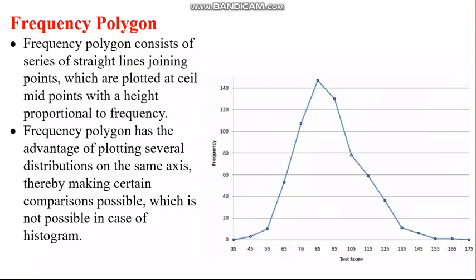Okay, then next, the frequency polygon. This also you may have seen. A frequency polygon consists of a series of straight lines joining the points plotted at cell midpoints with a height proportional to the frequency. It is the same as the histogram, only joined by straight lines instead of bars. The frequency polygon has the advantage of plotting several distributions on the same axis.